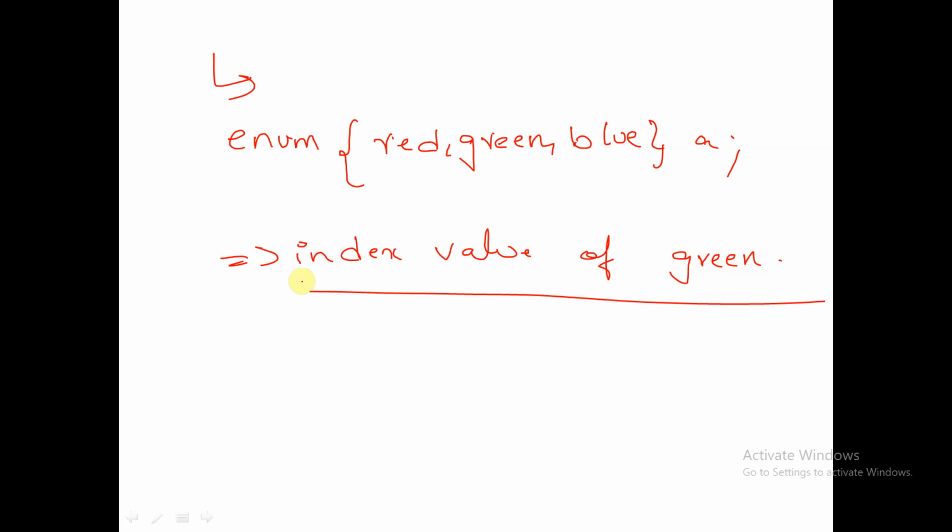Index value of green. 1. Yeah. So if we declare an enum data type like this, the index value of red will be 0, green will be 1 and blue will be 2.